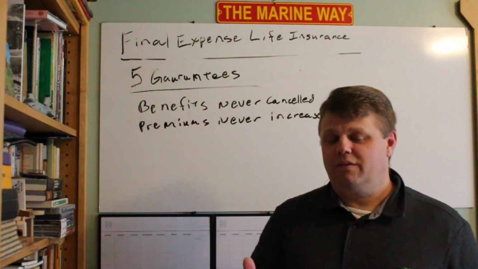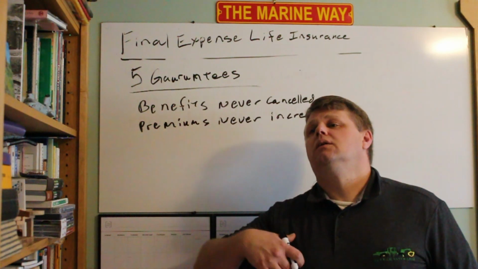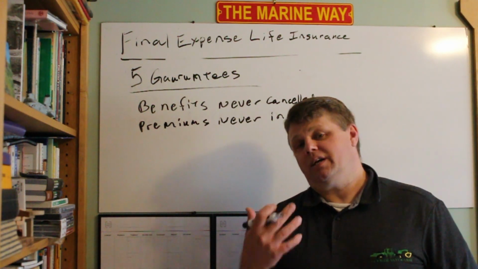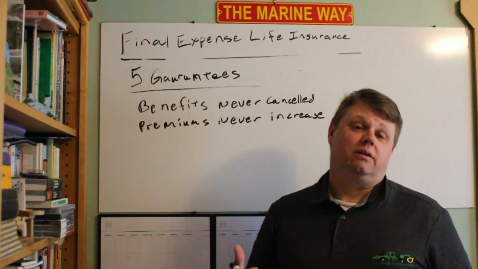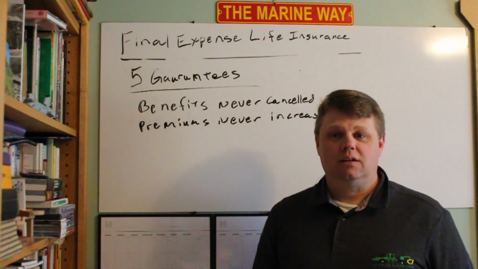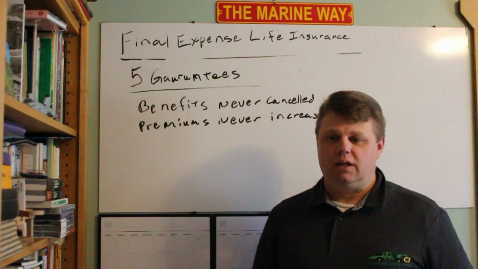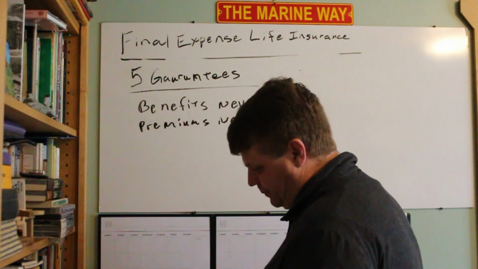So whatever the amount you lock your plan in at when you enroll in it or apply for it, request it, whatever that gets approved for, that is the amount that you will pay for the plan. So if you get approved today for a $15, $5,000 a month plan, it's locked in, never going to go up. You don't have to worry about it. You can budget for it.